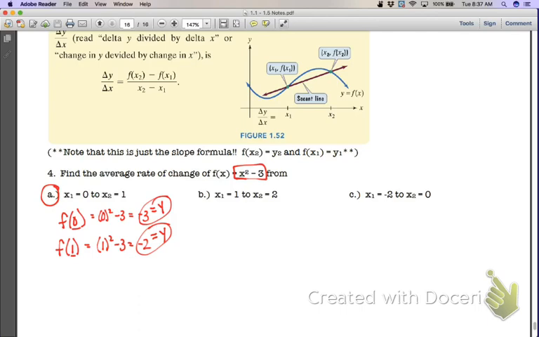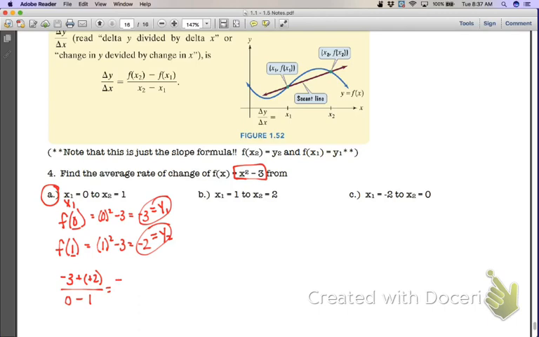So in doing that, we're still going to run slope. So if this was x sub 1, I'm just going to call that y sub 1 and y sub 2. So negative 3 minus 0, or excuse me, negative 3 minus a negative 2 over 0 minus 1.